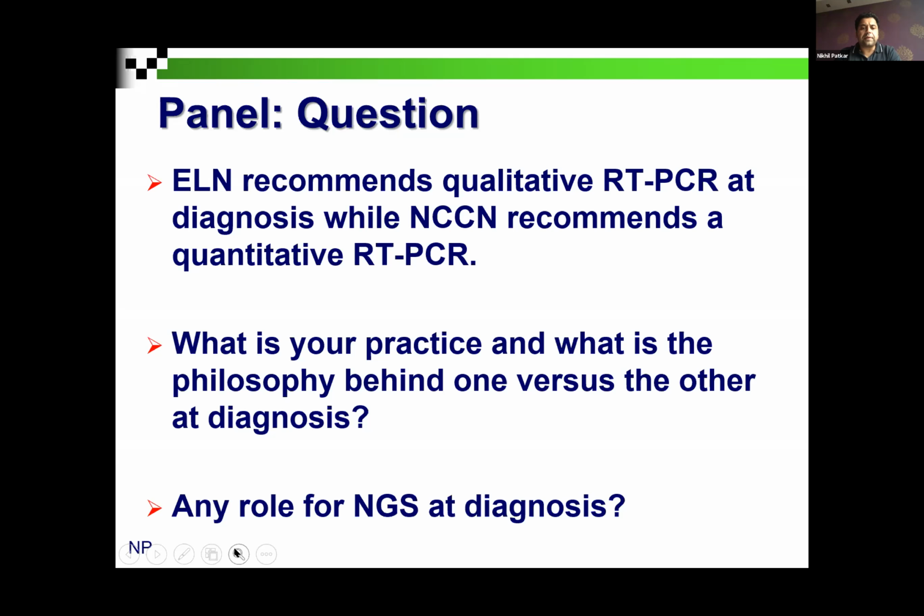In our hospital, we do both a qualitative PCR as well as a quantitative PCR at diagnosis. If you ask me which one test you should do, it is the qualitative PCR, for the simple reason that almost 98% of the time you will be right with a simple PCR, and you will catch the E13A2 and E14A2 transcripts. But beyond that, there are alternatively spliced transcripts where the ABL exons change.